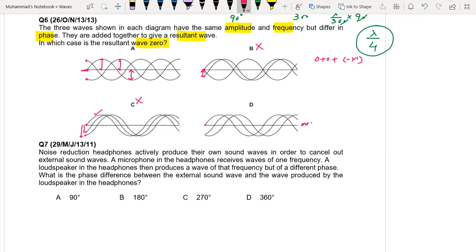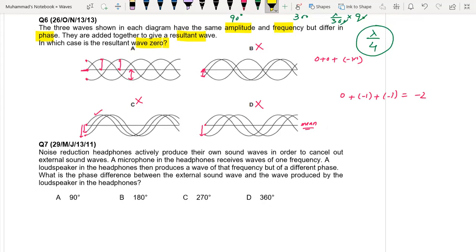This is the mean position, and we take displacement from this position, and the displacements of these two waves are negative. So if I add these displacements, 0 plus, for example, minus 1, that will be minus 2, which is a non-zero value.